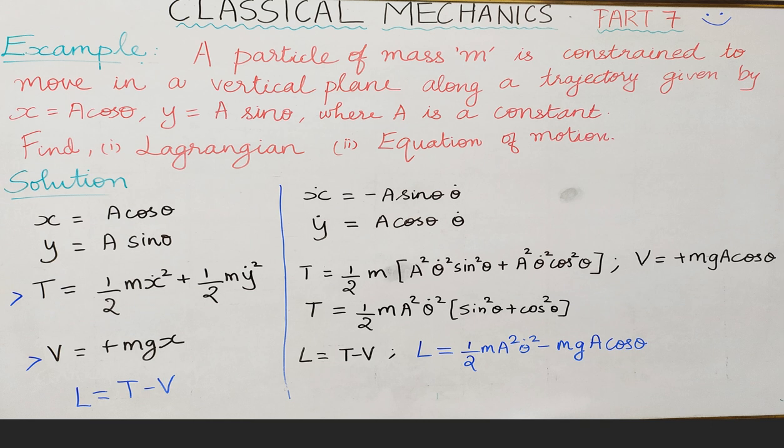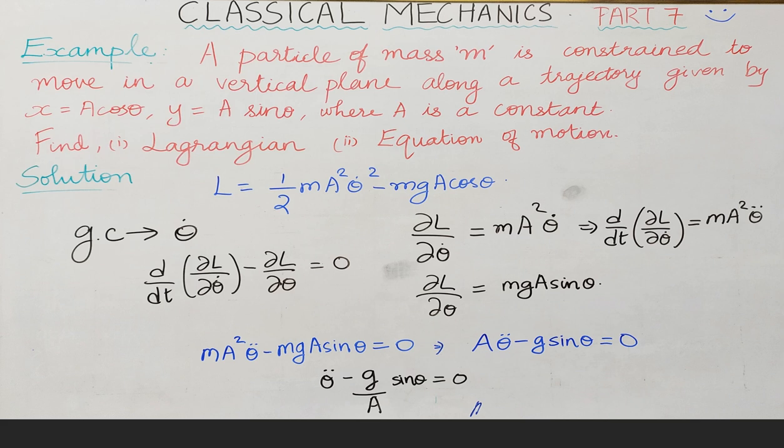Similarly, I find y dot and substitute in my T and V. Then I find L is equal to T minus V. I can simplify T even more, so I get my T as half m a square theta dot square. So I found my Lagrangian.